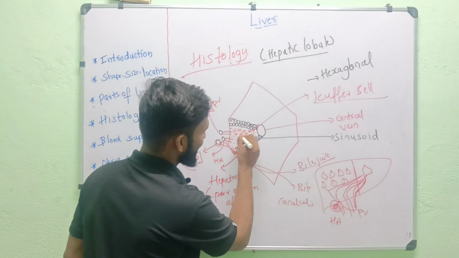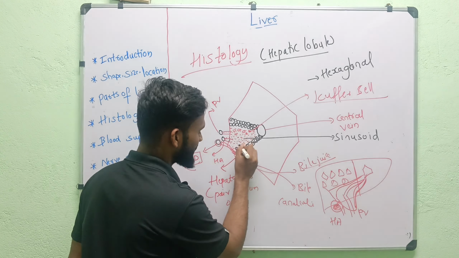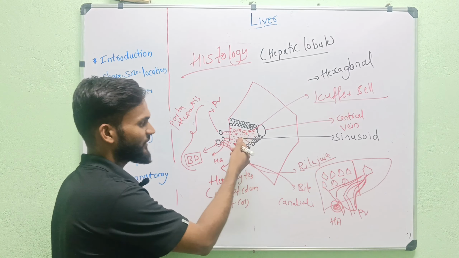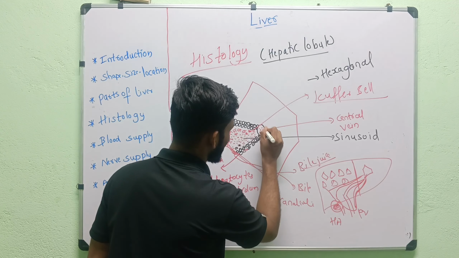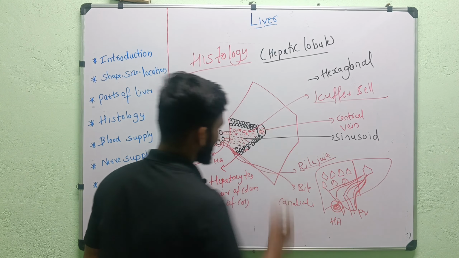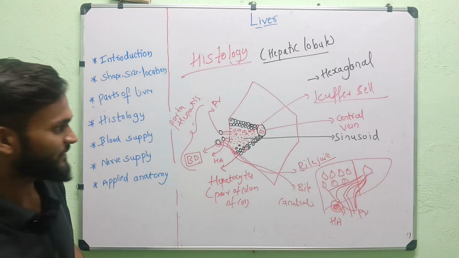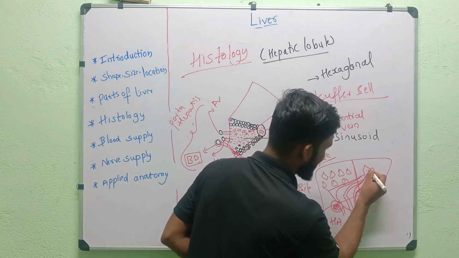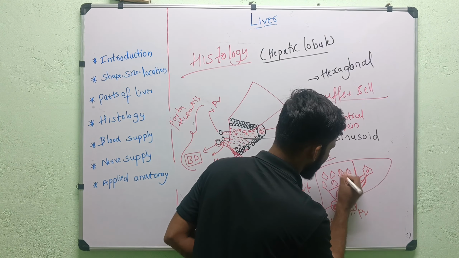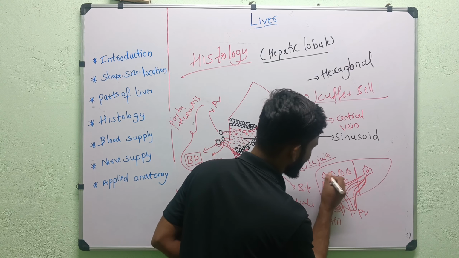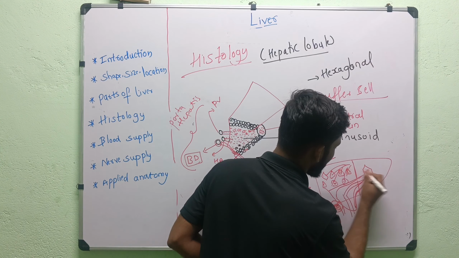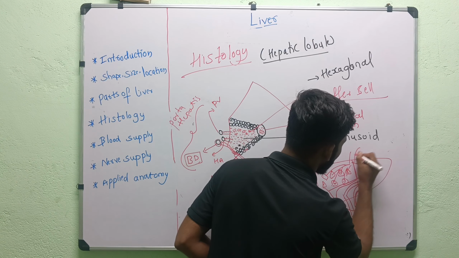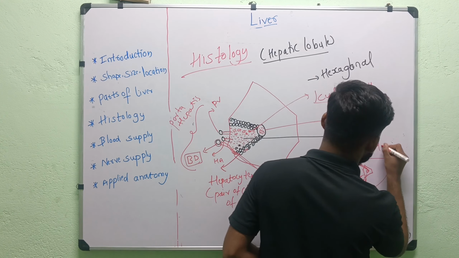Then this nutritionally balanced blood, free of pathogens, is going to enter into your central vein. From the central vein, the group of central veins are connected, and they are going to drain the blood into your hepatic vein.